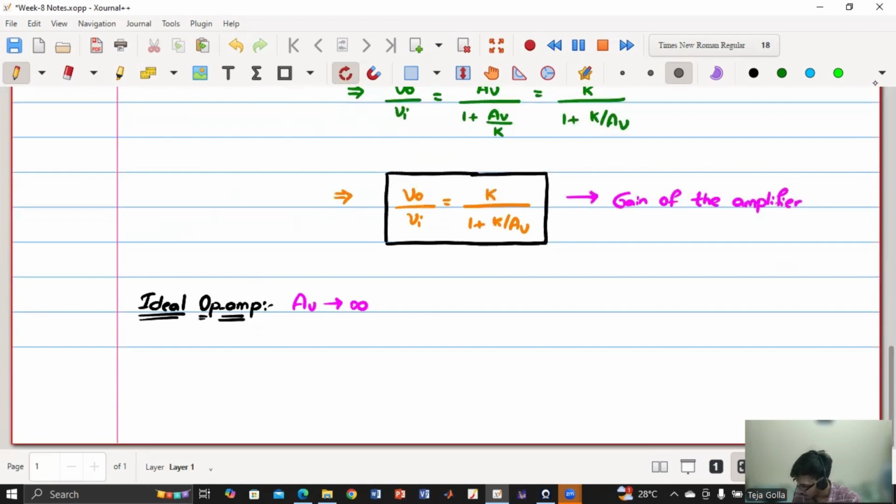So if the gain is infinite, what will be my V naught by Vi? Can anyone tell me? In the above equation, can you substitute AV as infinite and tell me what we will get?